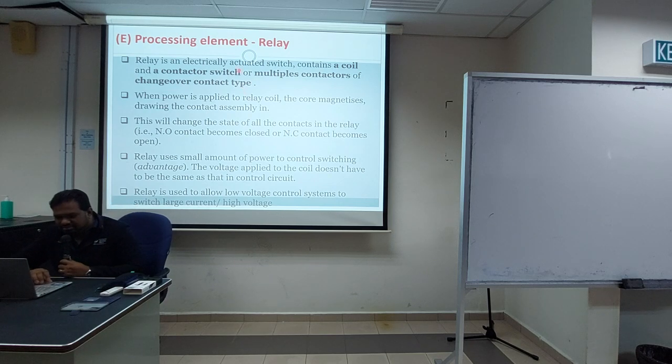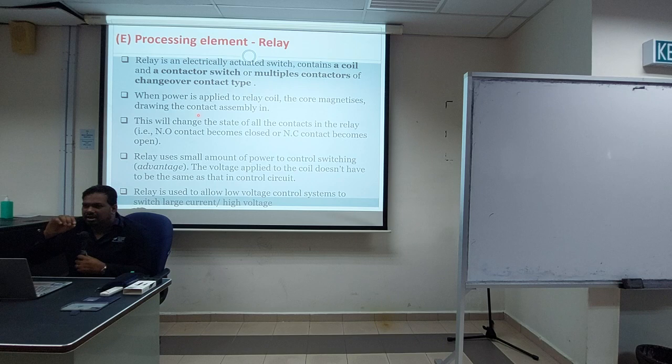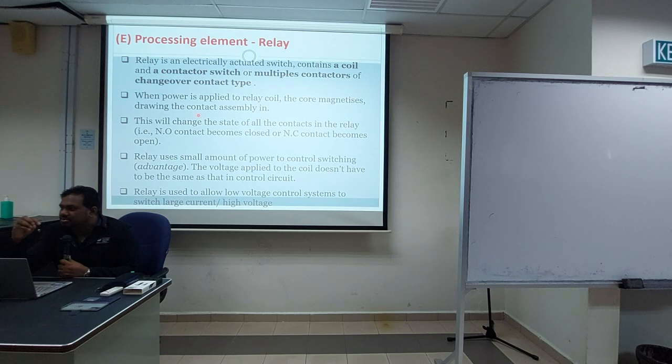So that is the relay. When power is applied to the relay coil, the coil is magnetized and it draws the contact assembly, because all the contact pins inside the relay are metal, metal or iron, so the magnet can attract or retract them.